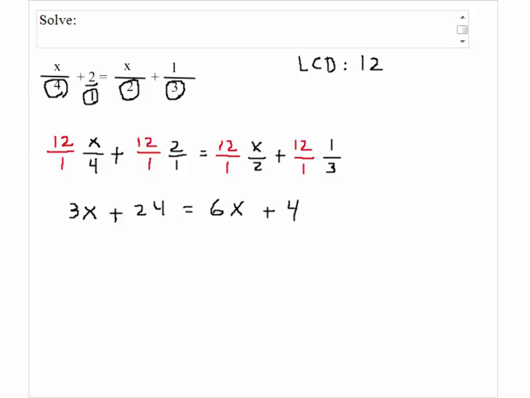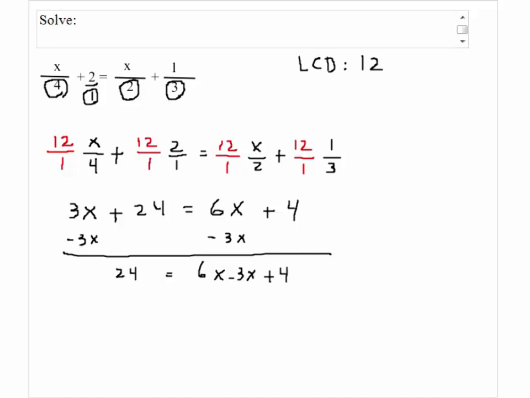So by multiplying each term by the LCD, we would have a linear equation with no fractions, and we can solve for x. In this case, if I subtract 3x from both sides of the equation, I would get 24 is equal to 6x minus 3x plus 4.